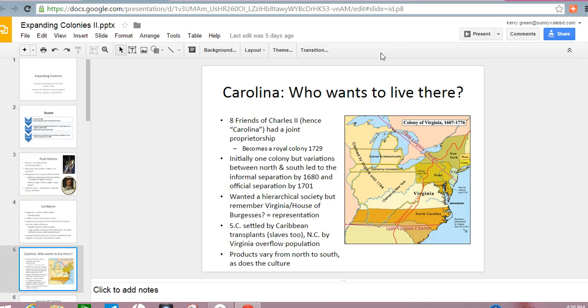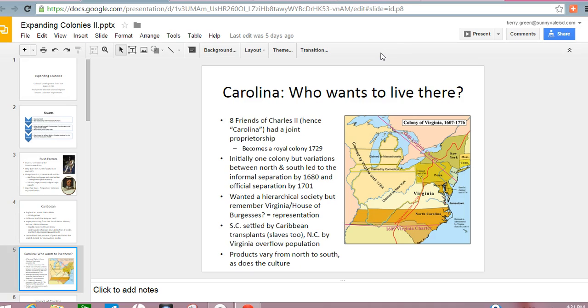So Carolina, I put on here who wants to live there. Basically, you have eight friends of Charles II, which is why it's called Carolina, who have a joint proprietorship. A group of eight guys own this property. Eventually it becomes a royal colony in 1729, so they only have it for a little while, probably about 60 years or so.